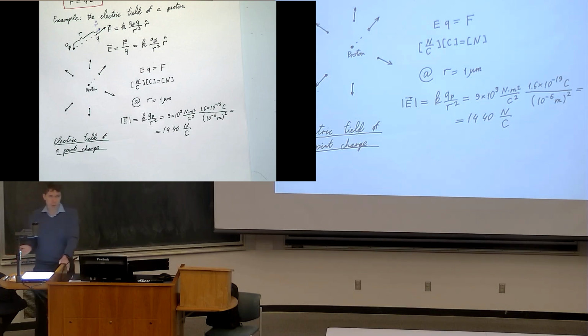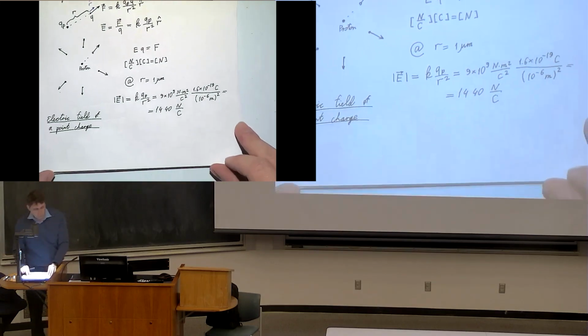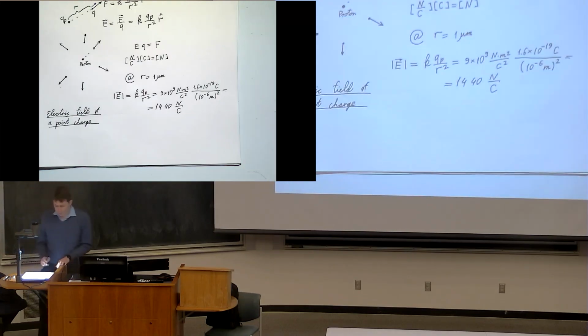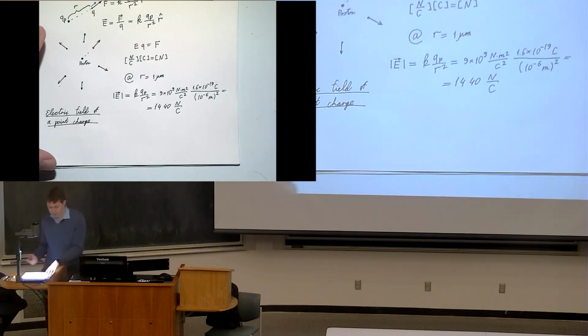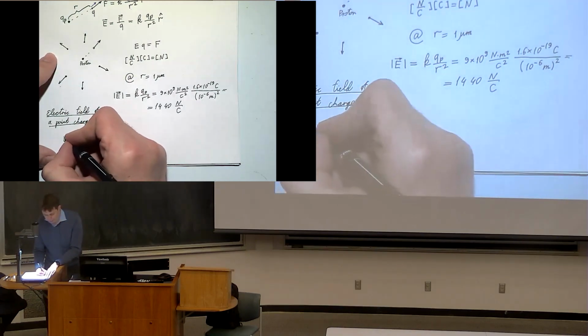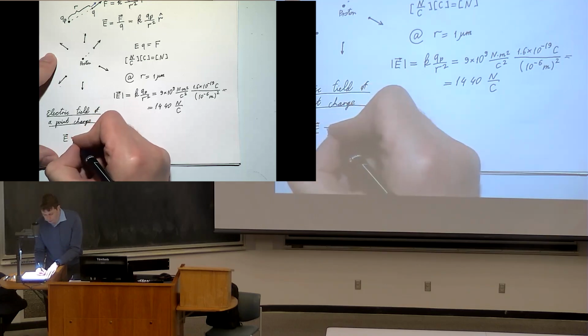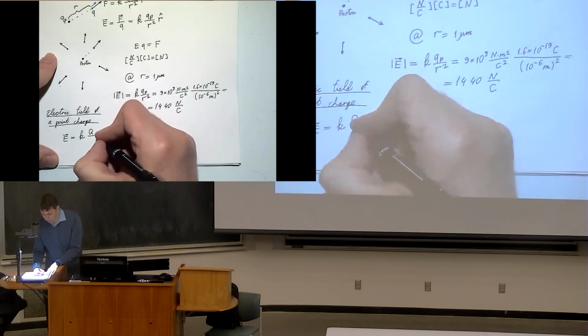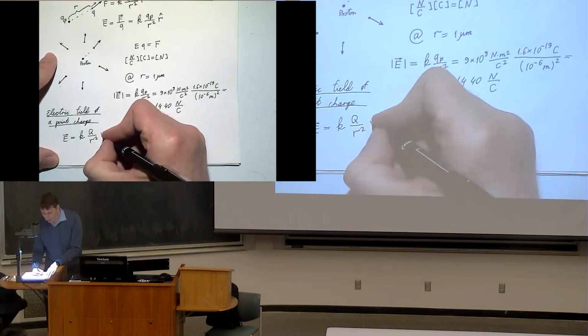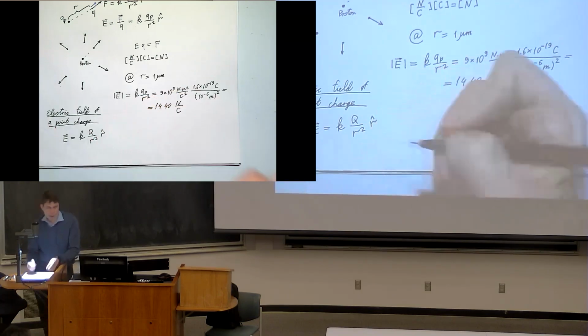We just need to replace the charge Qp by the charge of that particle, and the result is E equals K Q over R squared r hat.